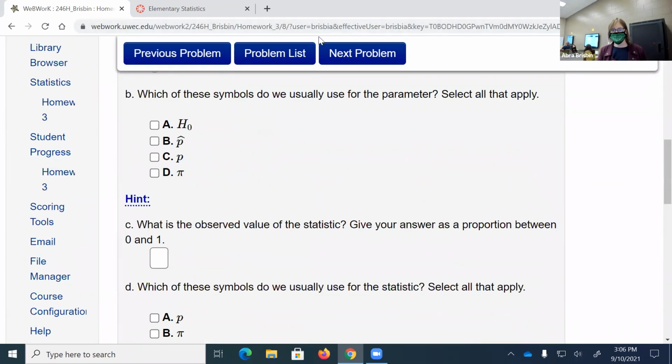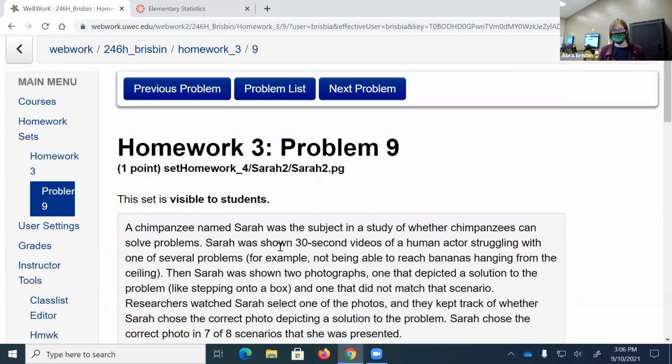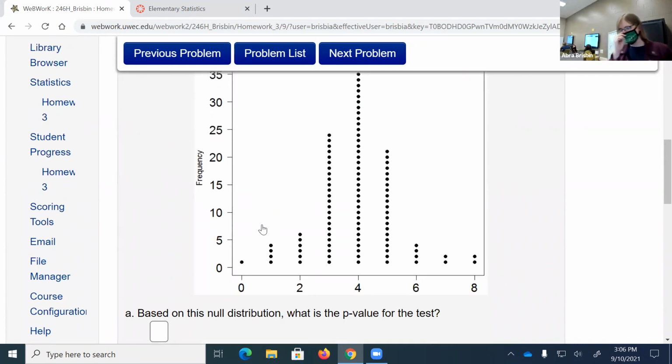So because of that, we can then go to the dot plot and say what proportion of our simulations were at least as extreme as 7. Well, I'm counting 1, 2 dots exactly at 7, and then 2 more dots at 8, so greater than 7.